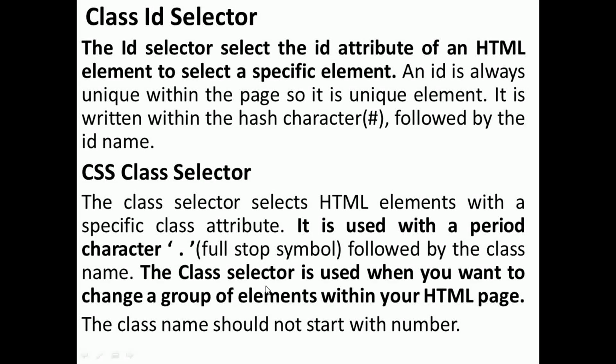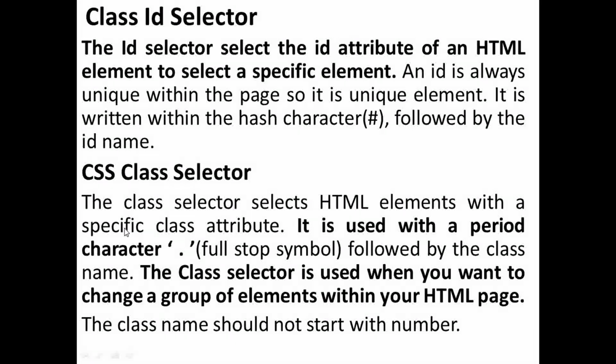The class selector is used when you want to change a group of elements within your HTML page. That particular group should be changed. In ID, one particular element changes. Here, if you want to apply it to a group, you have to use the class selector.